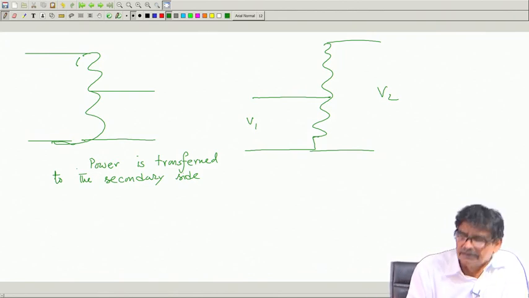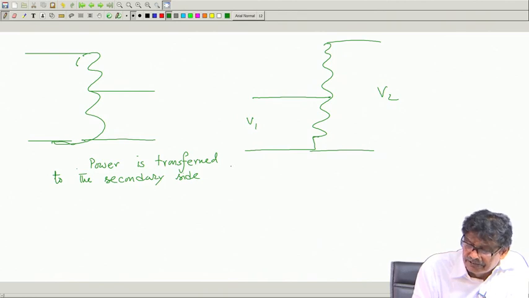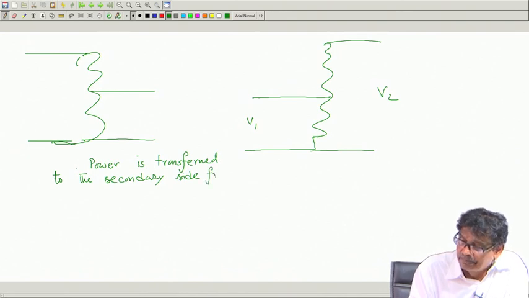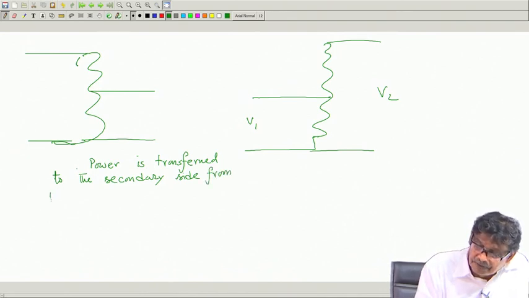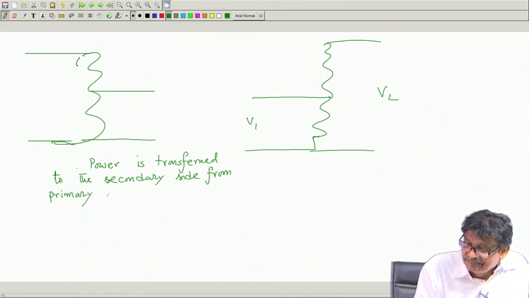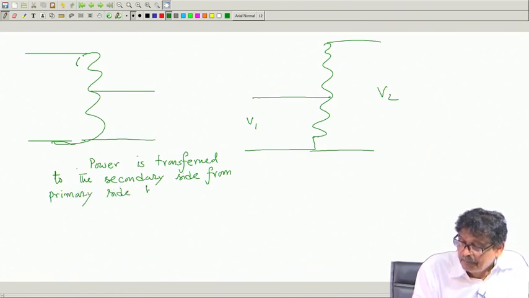It does not matter, as you can see, power is transferred to the secondary side from the primary side by 2 means.